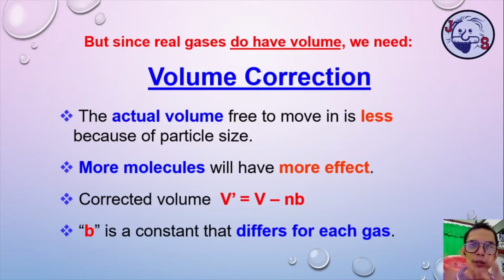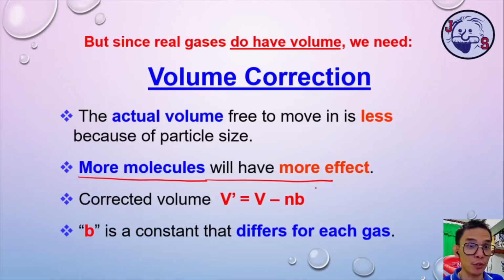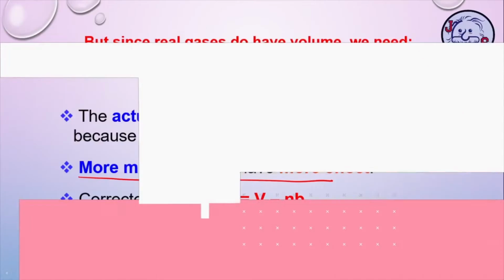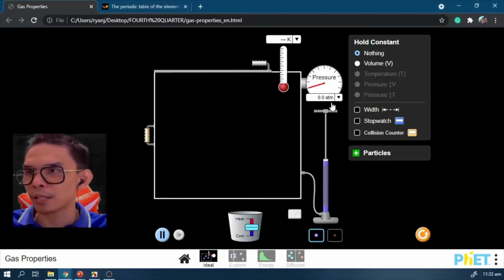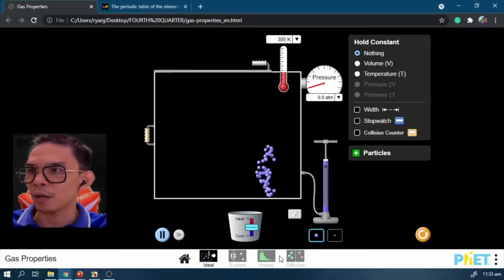Next one. This is logically true: more molecules will have more effect on the volume. So let's do that in the simulation. Let's reset the simulation and pump a lot of molecules in.